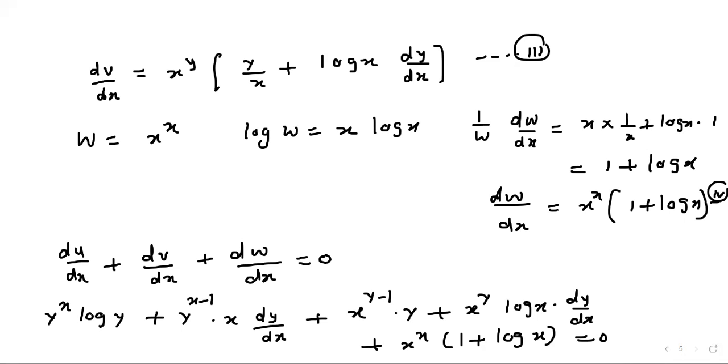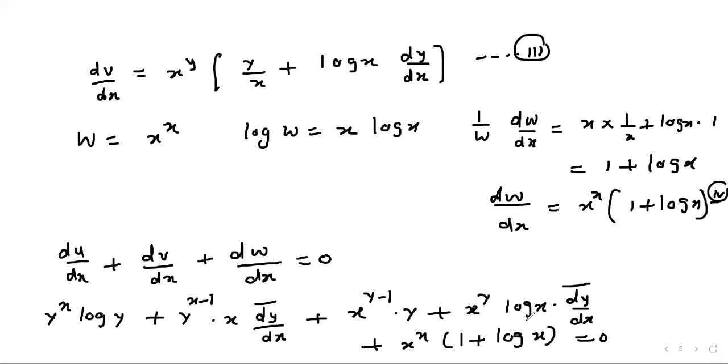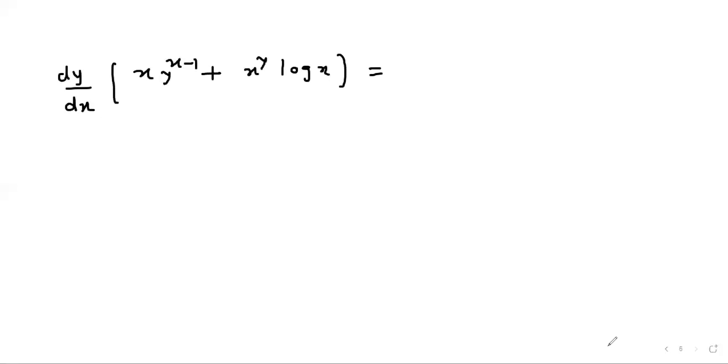Now we take dy by dx common from here. So next step will be dy by dx common. Then x y power x minus 1 plus x power y log x equal to other terms that don't contain dy by dx, and these can be shifted to RHS.